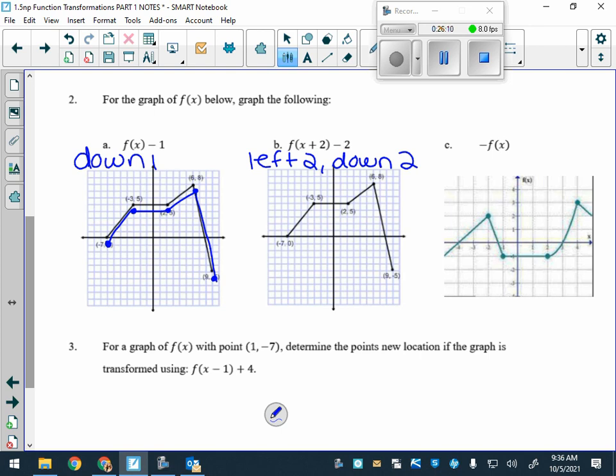Careful. Left 2. -9. Down 2. -9, -2. Okay. So go ahead and transform all those points if you haven't done so already.